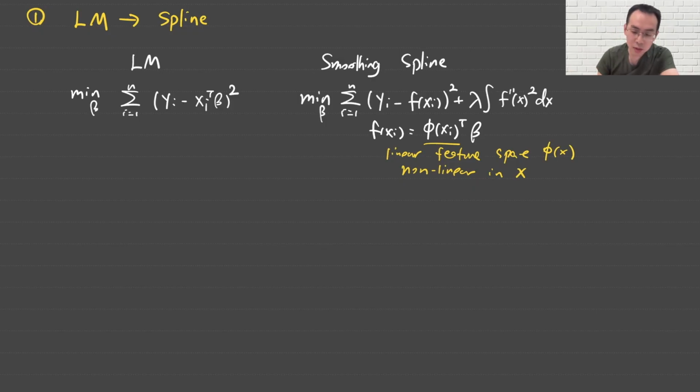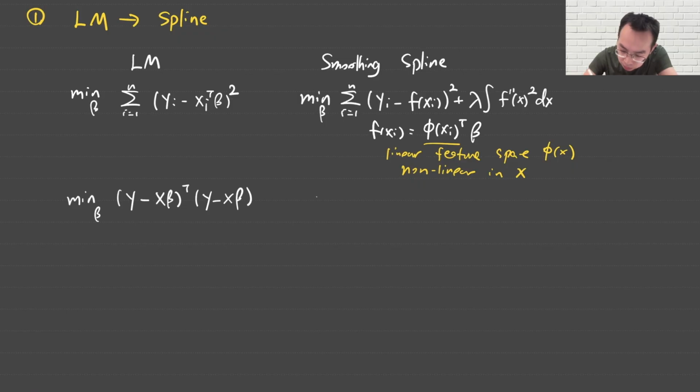And then we also write down the matrix form to make things nicer. For the LM, the matrix form is just going to be minimize over beta of (y minus x beta) transpose (y minus x beta). And for the smoothing spline, remember what we did last time?